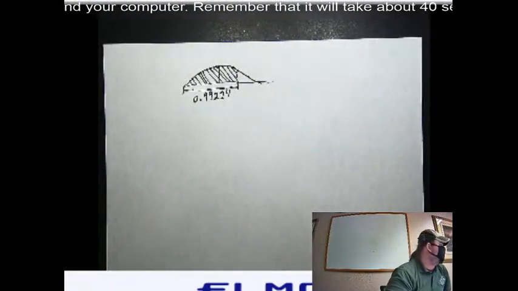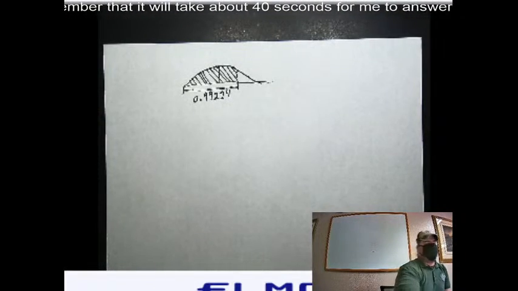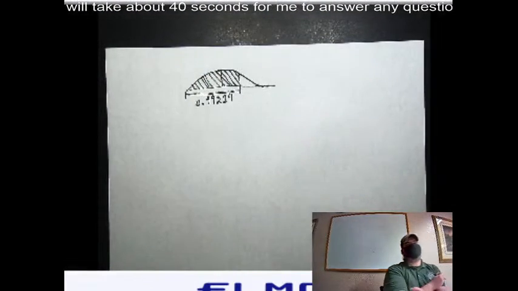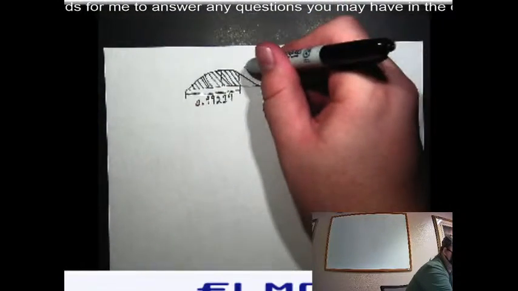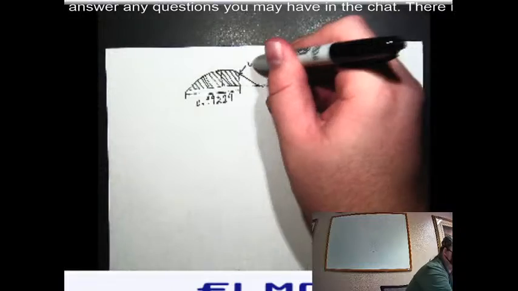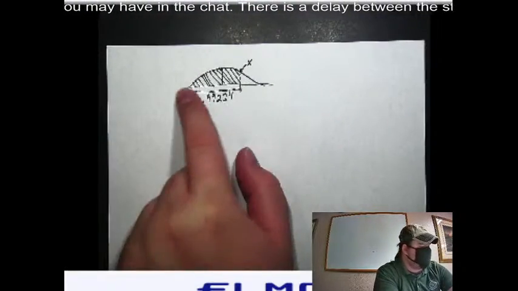Okay? Or in other words, 99% of our data is in this area. Well, if we know this, what do we do to find this number, the x? How do we see where this stops?